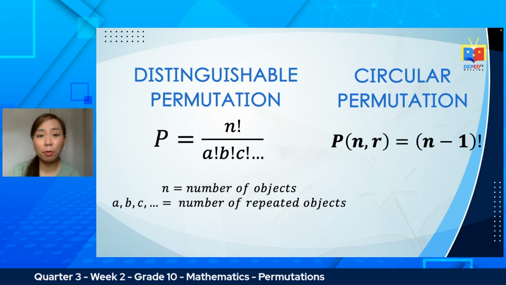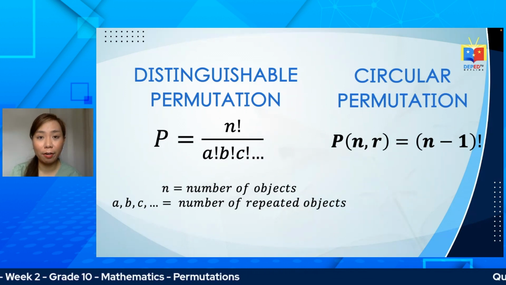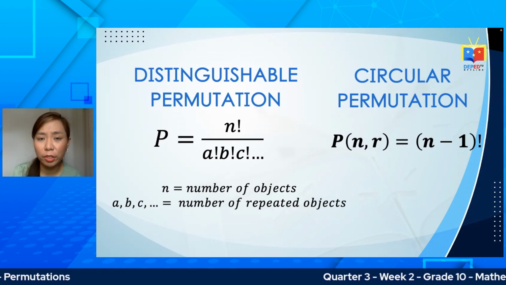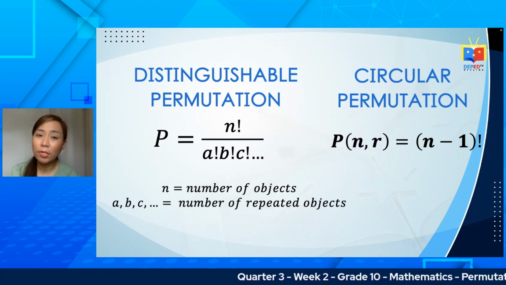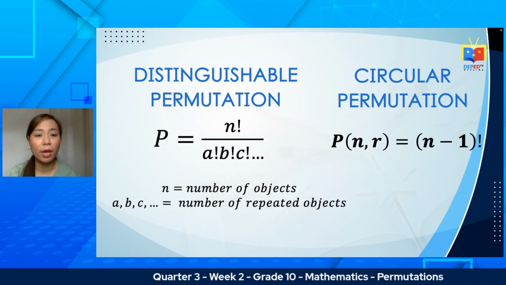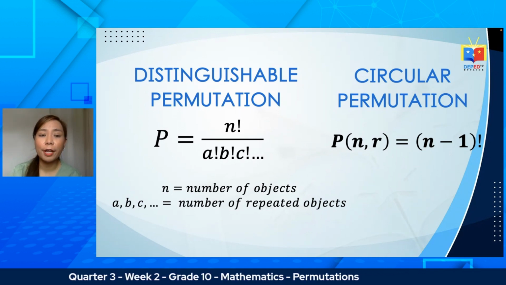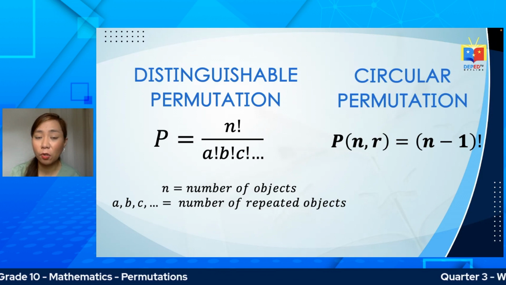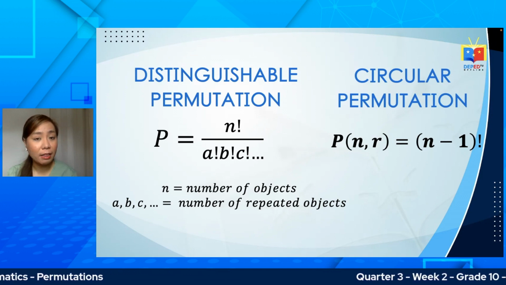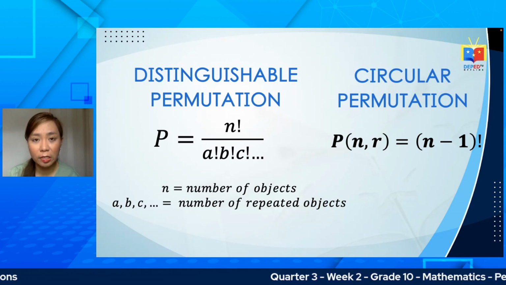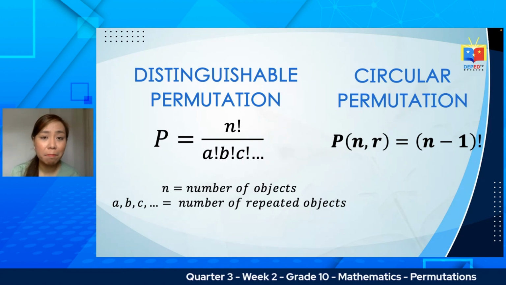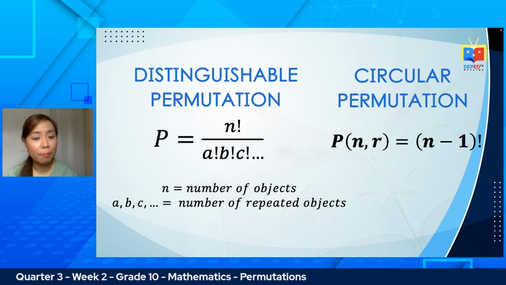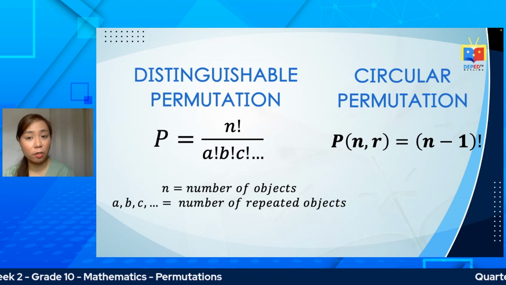For the distinguishable permutation, where there are objects that are not unique, we simply use P is equal to n factorial over A factorial, B factorial, C factorial, and so on. N is the number of objects, while A, B, C, and other variables represent the number of repeated objects.